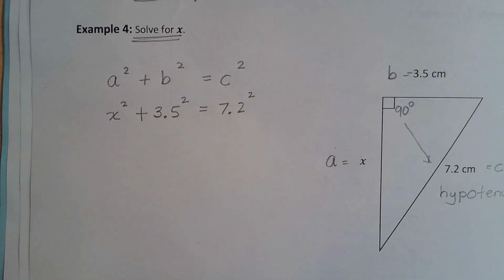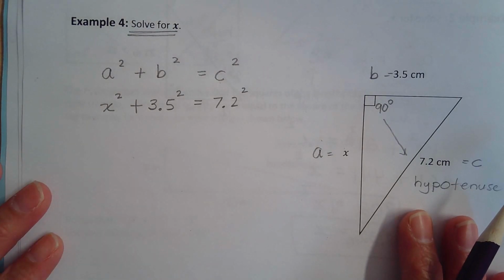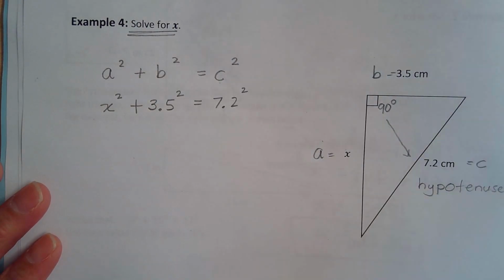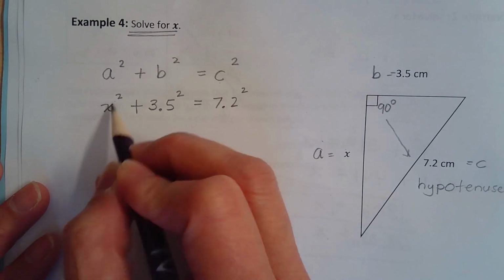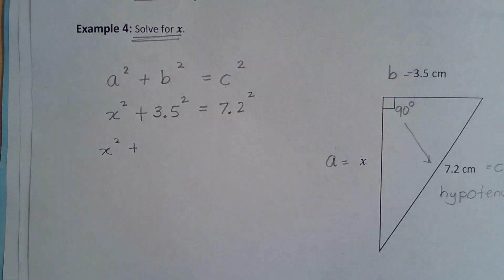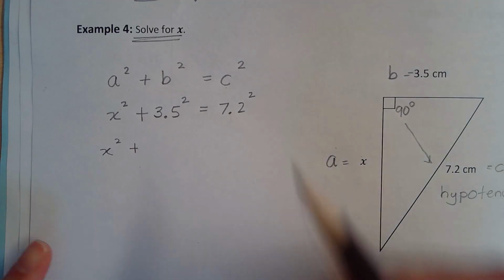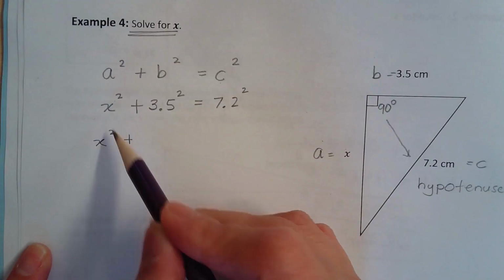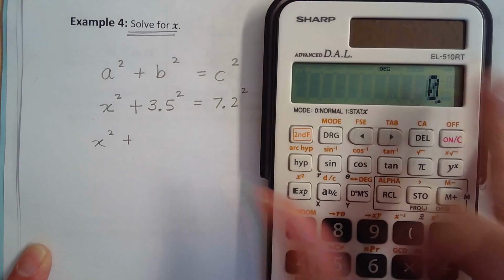Okay. So what are we going to do next? Well, we can't figure out this x to the exponent 2, so we'll just leave it as x squared. Okay. So x squared plus, let's go 3.5 squared.